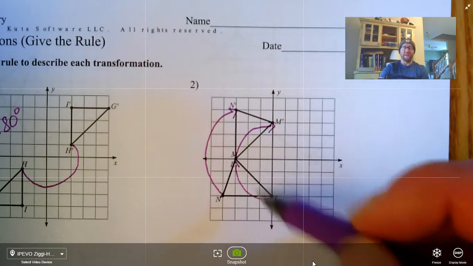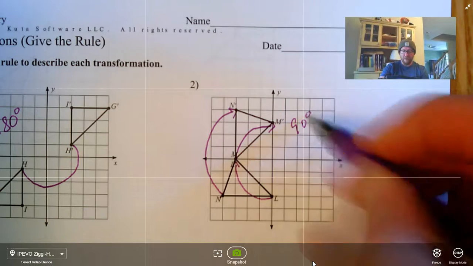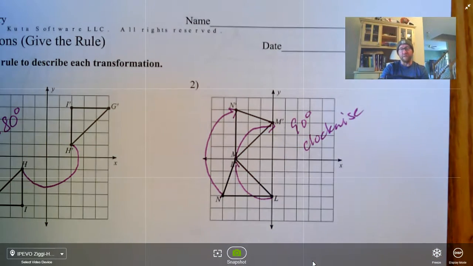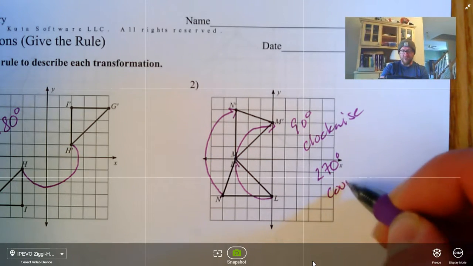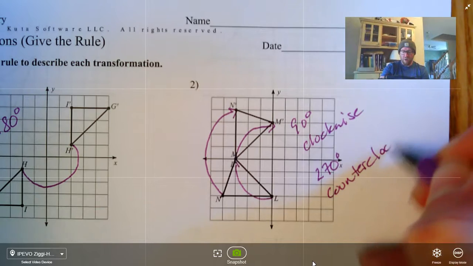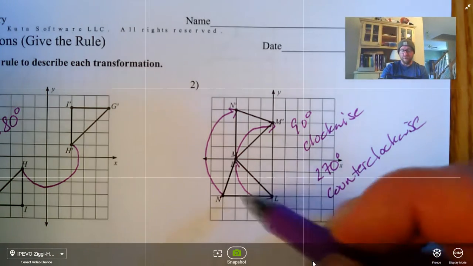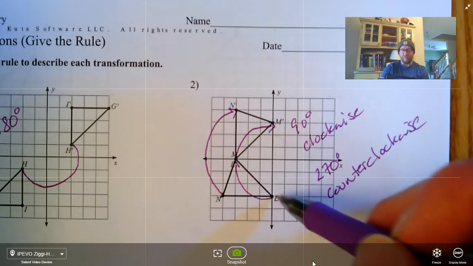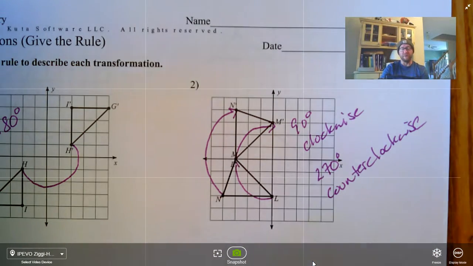That looks like 90 degrees clockwise. So we could say it was a 90 degree clockwise rotation, or we could say it was a 270 degree counterclockwise rotation. So it depends on which direction you go, right? So I could have gone from L over to L prime, or I could have gone L all the way around the long way, which would be 270 degrees.